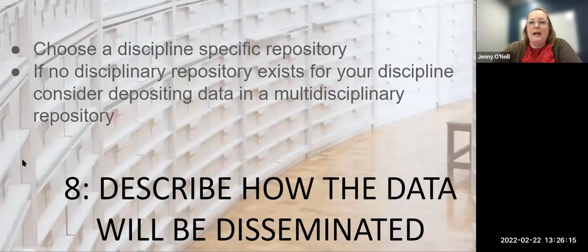Then the last thing that I'm going to go through in a lot of detail today is to describe how the data will be disseminated. So I've already talked about how to make your data FAIR, you really want to make your data available in an archive or repository. The funders are now beginning to require more and more that you make your underlying data available.